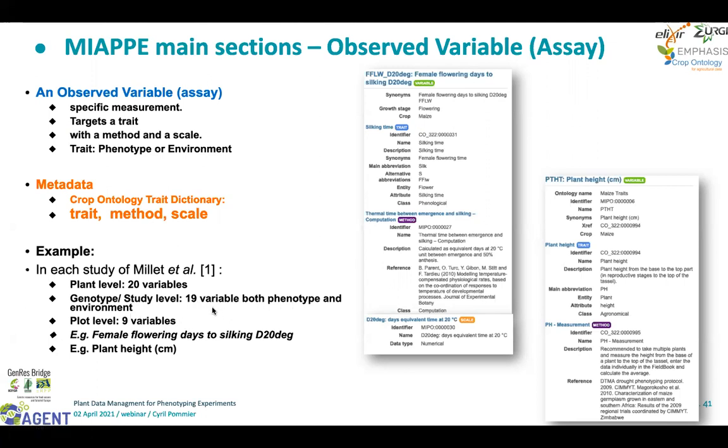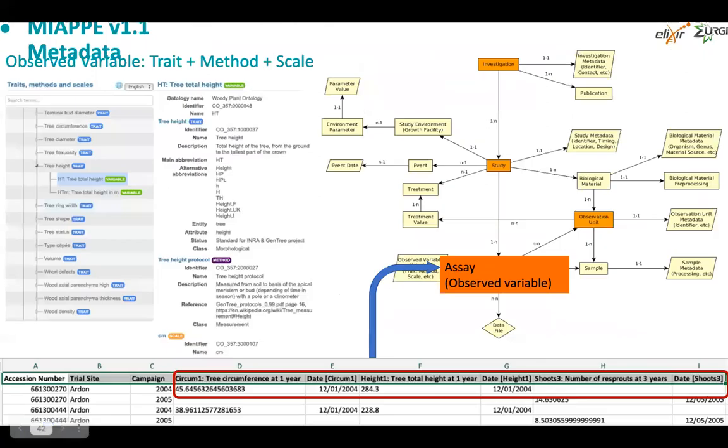At the plot level, you've got 9 specific variables, and it can be, for instance, female flowering days to silking in degree days, plant height, things like that. And in our data file, the observed variables, the assay, are all the following columns.